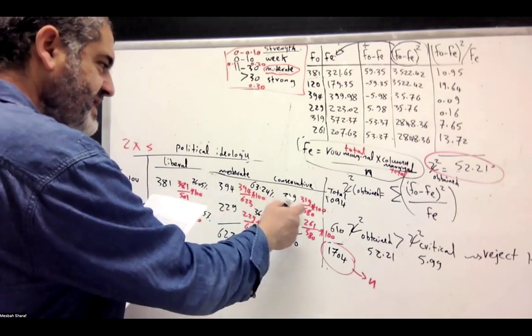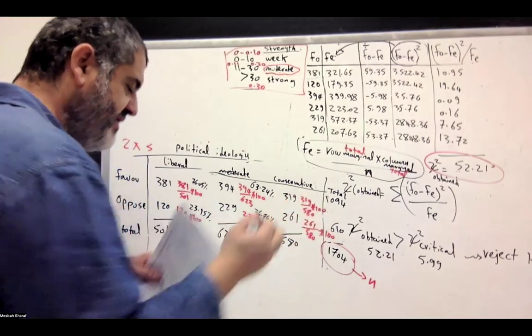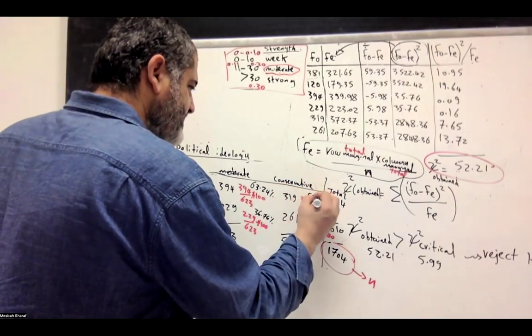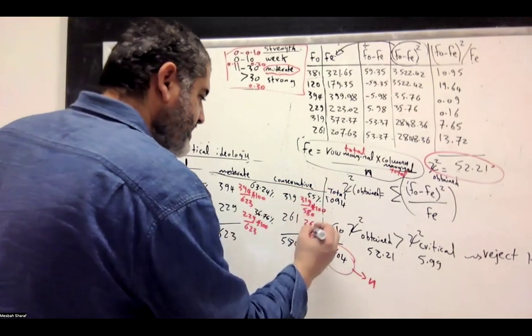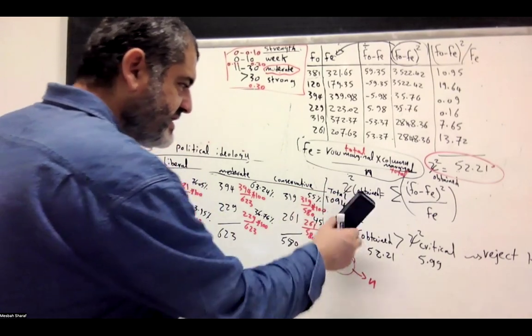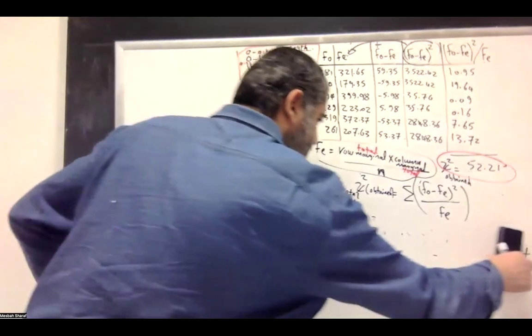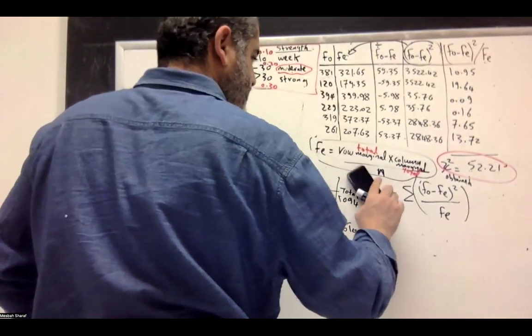The 319, that percentage, if you calculate this part, is going to be 55%. And if you calculate that percentage, it is going to be 45%. Let me erase this part.